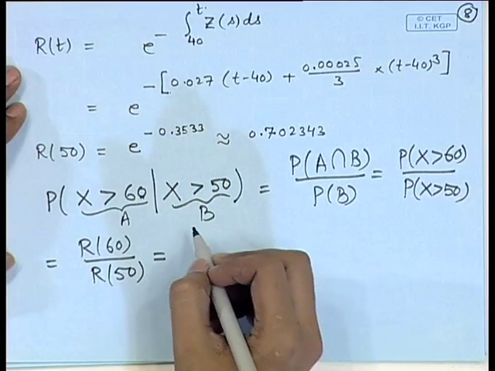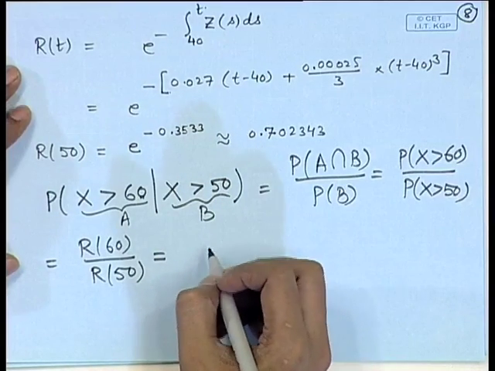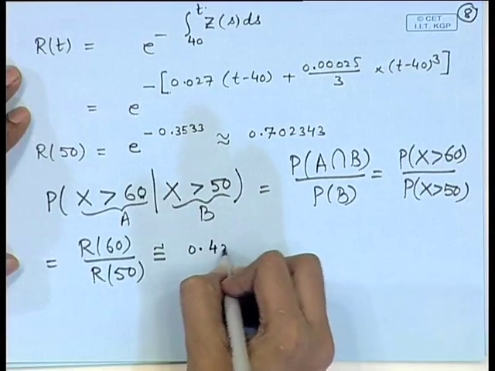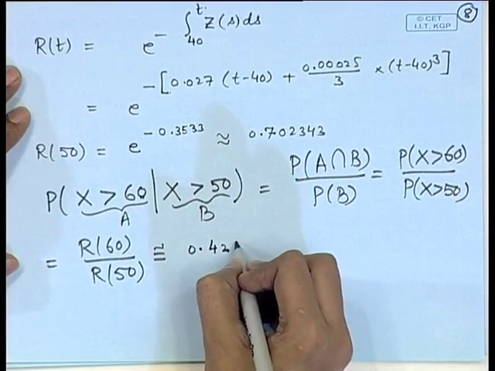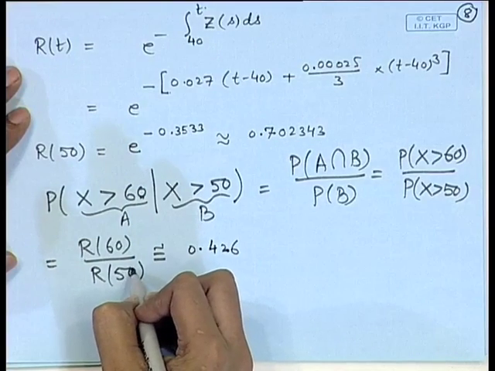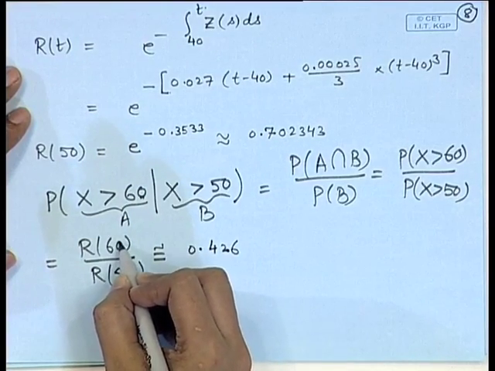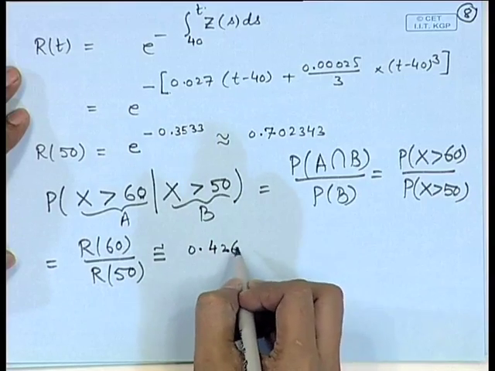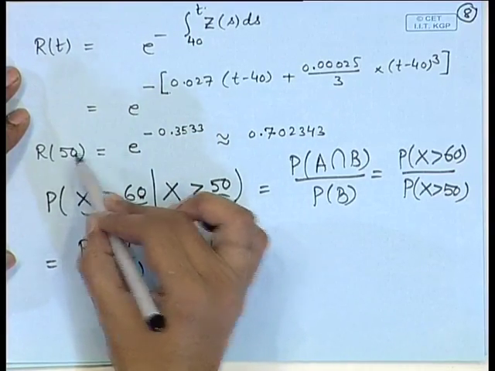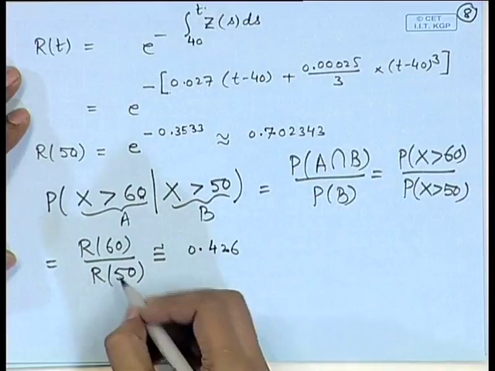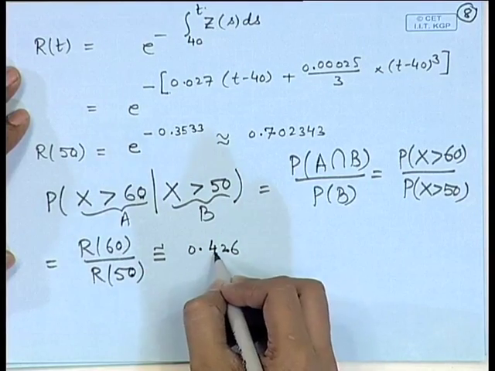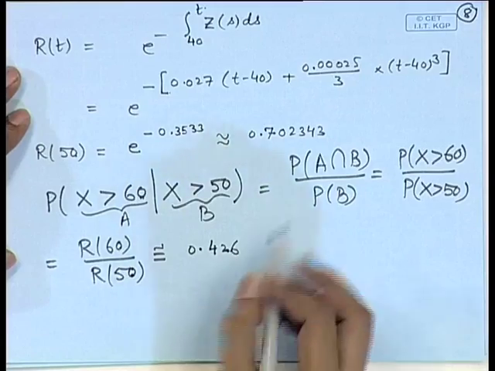After some simple evaluation this turns out to be 0.426, which means that if he has survived till age 50, then the probability of his surviving till age 60 is about 0.4. If you see here, the probability of surviving till age 50 is 0.7, but if he has survived till 50, then the probability of surviving till 60 is 0.42.